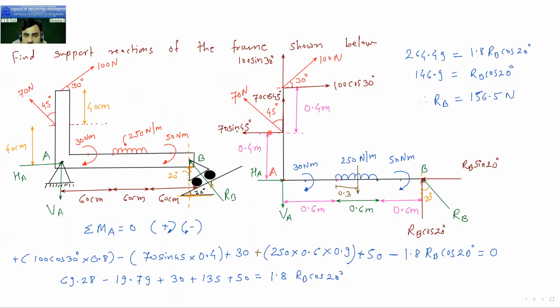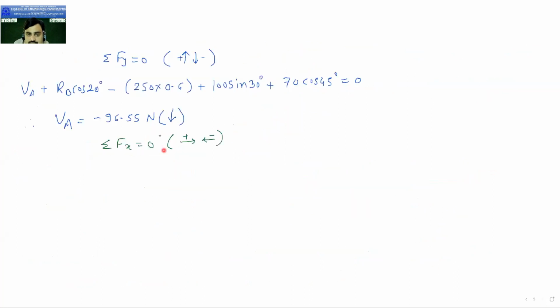Then 70 sin 45 is moving towards left, so this is negative. So I will write all the values: 100 cos 30 minus 70 sin 45 plus HA minus RB sin 20 is equal to 0.